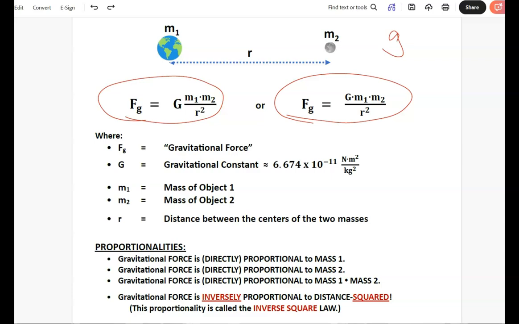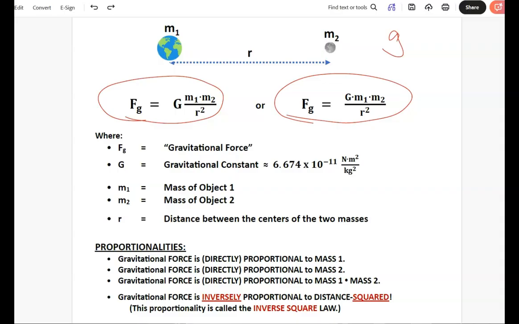And while this might seem a little odd, the inverse square law tells us that distance has a big effect on the gravitational force, and this same inverse square law not only affects gravitational force, but it also affects electrostatic force between positive and negative charges, negative and negative, positive and positive, and it also affects magnetic force between the north and south poles of magnets.